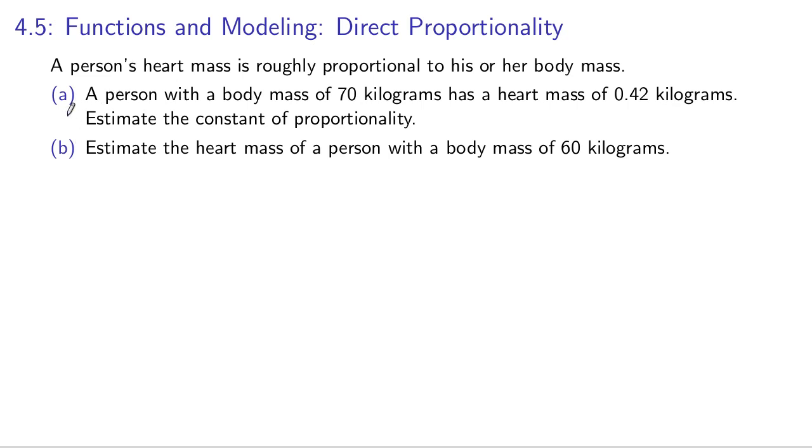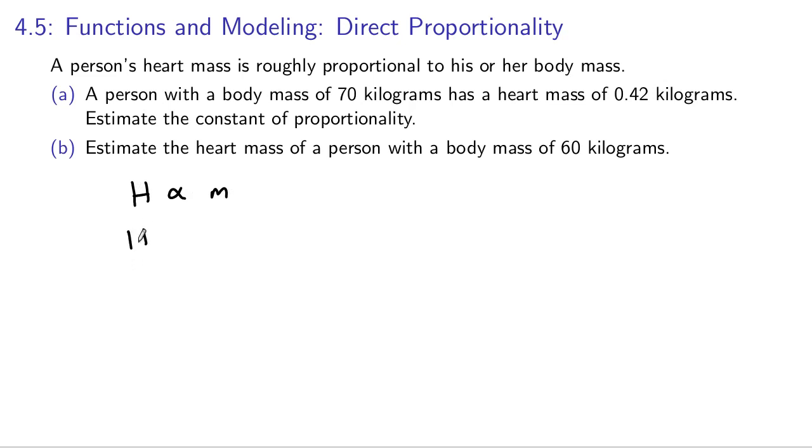Another example, a person's heart mass is roughly proportional to his or her body mass. A person with a body mass of 70 kilograms has a heart mass of 0.42 kilograms. Estimate the constant of proportionality. So here we have the heart mass, we're going to call this capital H, is proportional to, roughly, the body mass, which I'm going to write just as a lowercase m.